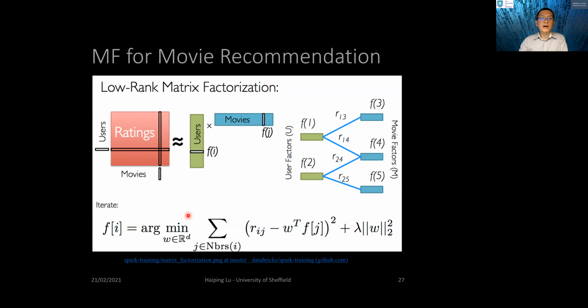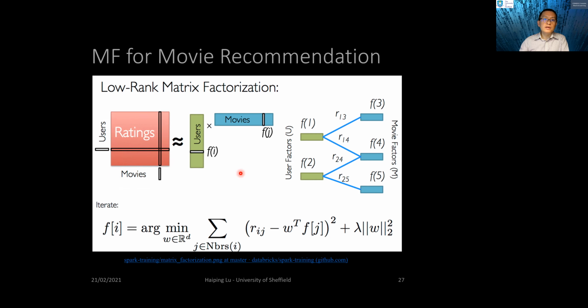This is a very nice illustration of the ALS approach for matrix factorization for movie recommendation. Here the ratings are obtained from the users for a set of movies, so the rating matrix is user by movie.